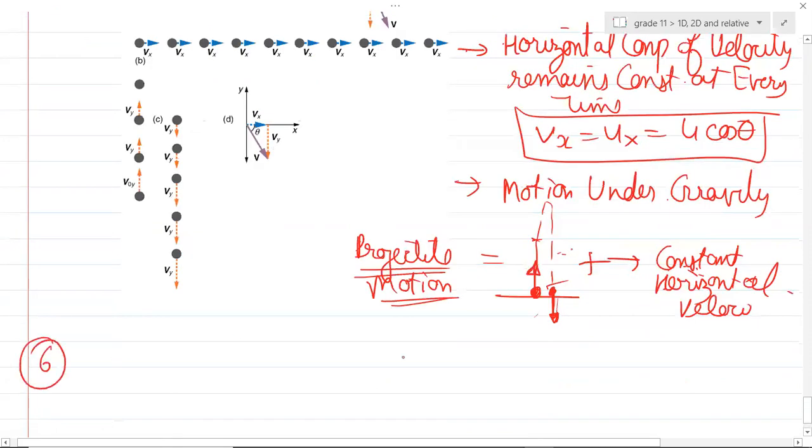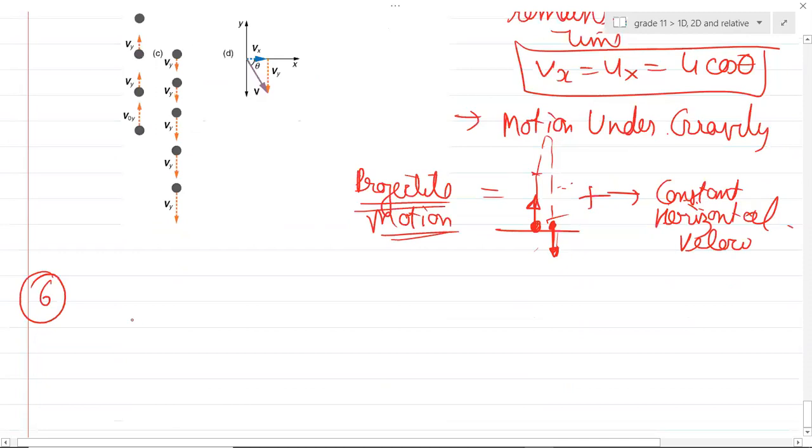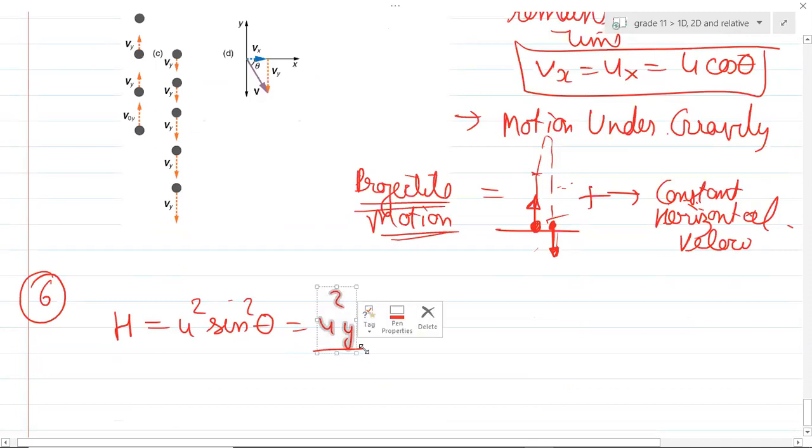Now the sixth point is basically the set of formulas which I just gave you. Maximum height is basically u square sine square theta by 2g, equal to uy square by 2g.